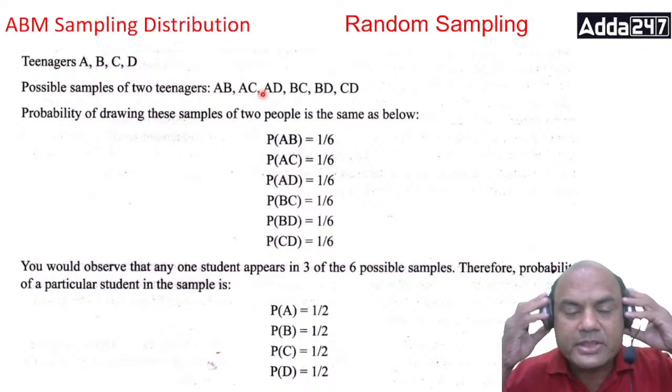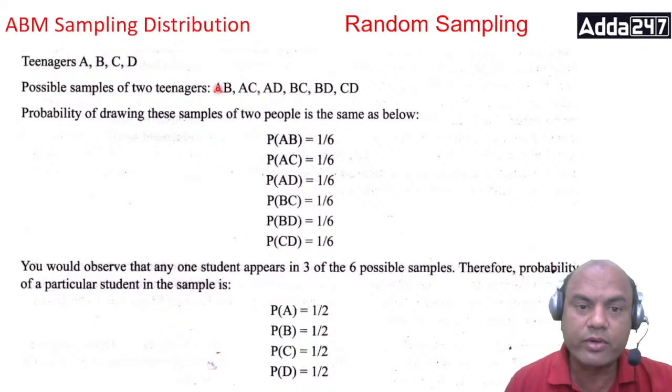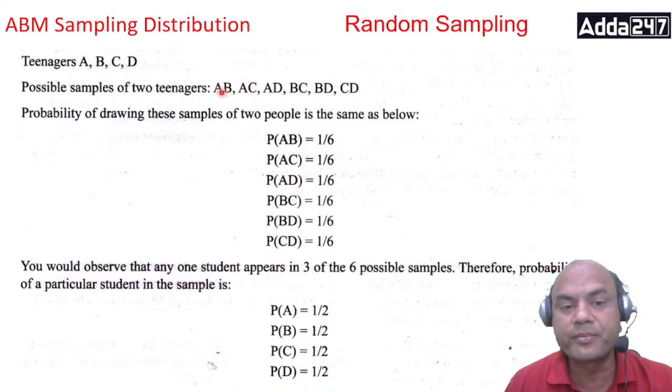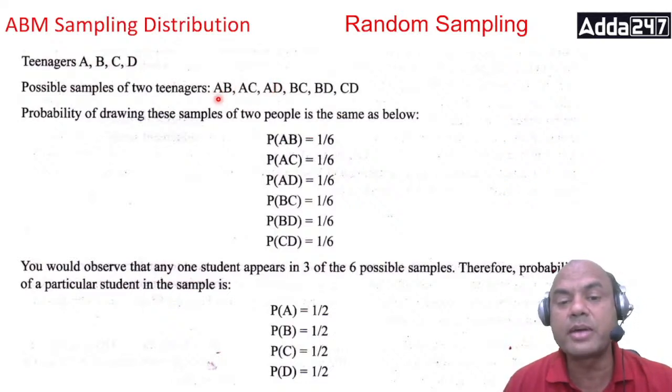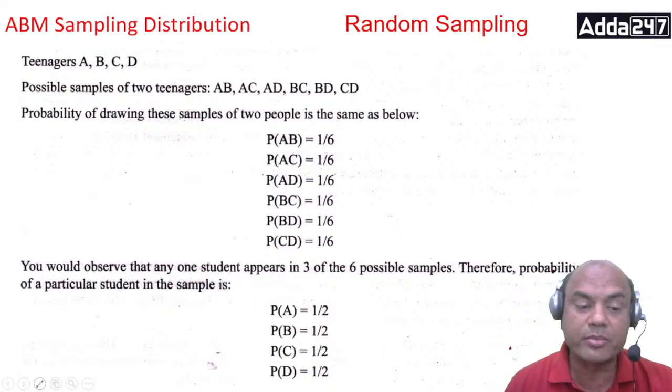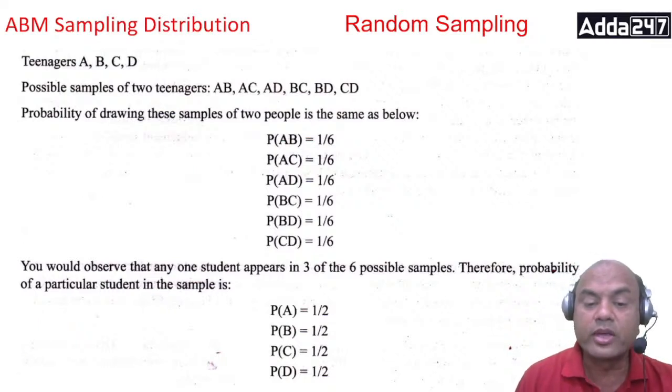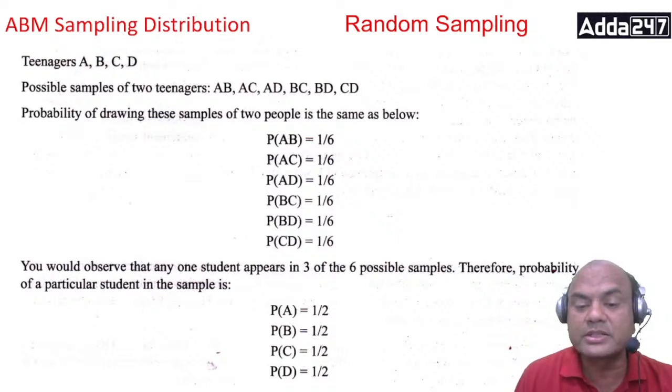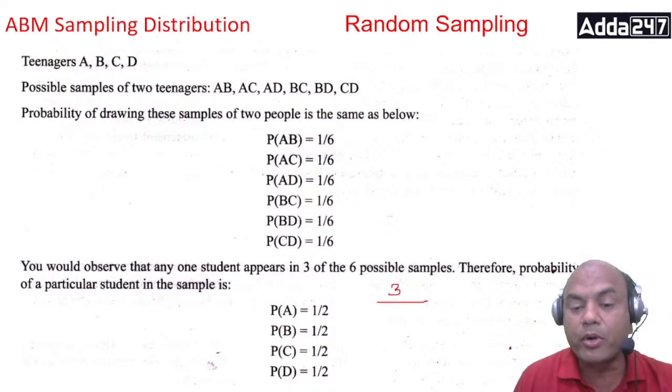So A can be selected in 3 ways, right? 1, 2 and 3. 3 groups, out of how many? So 3 divided by 6. Very important part. This becomes a technical part. So A can be selected in 3 ways upon total 6. So 3 upon 6 is 1 by 2. So here comes the answer of 1 by 2.